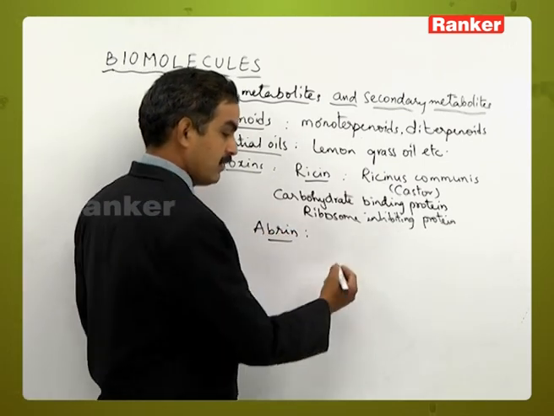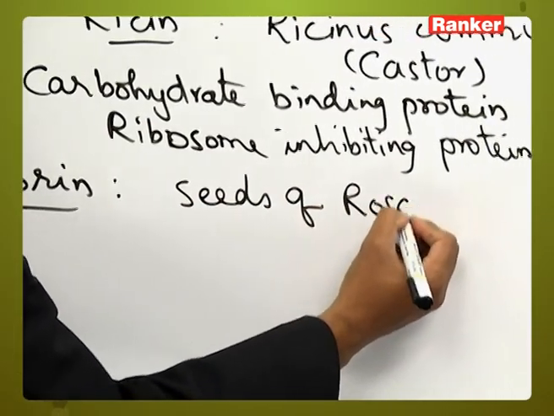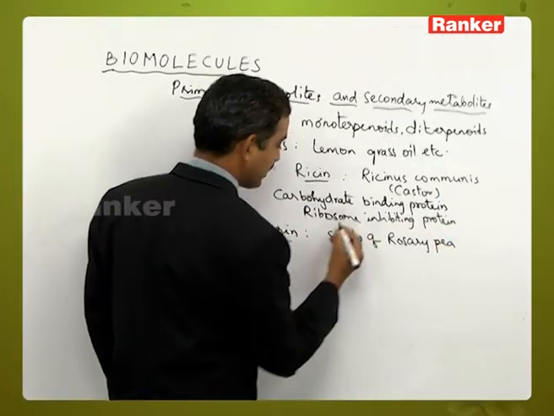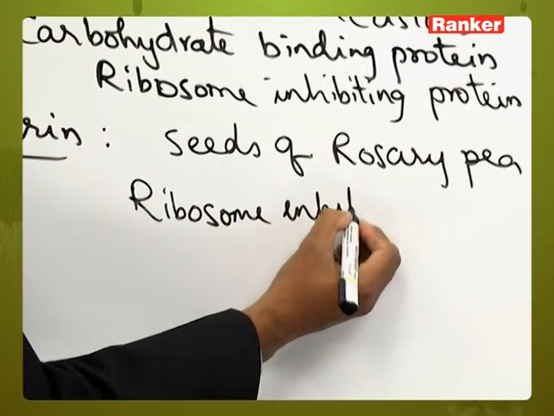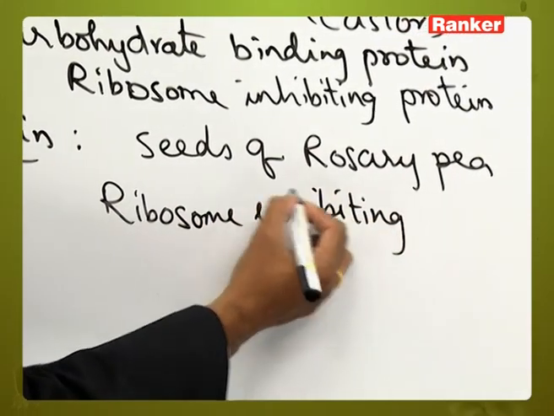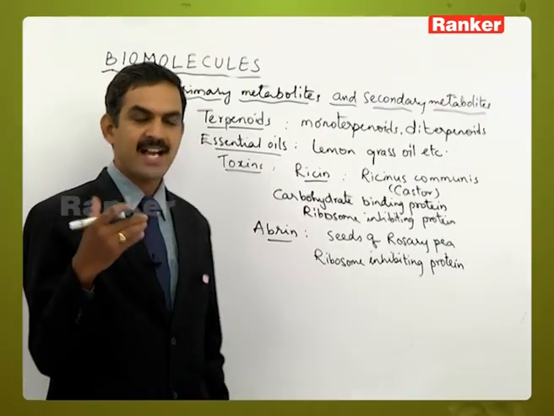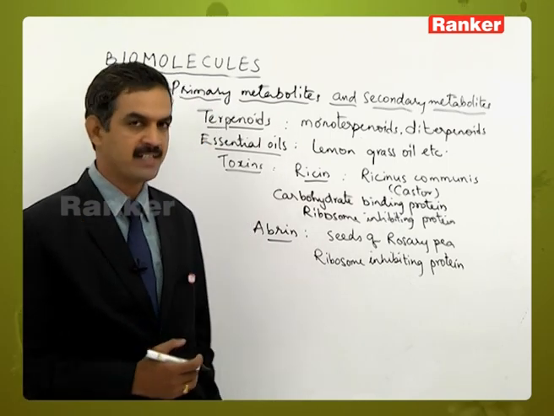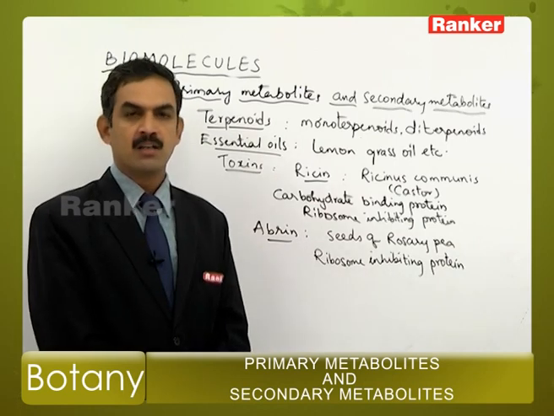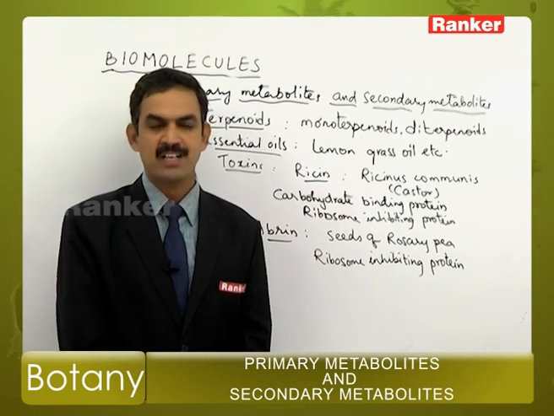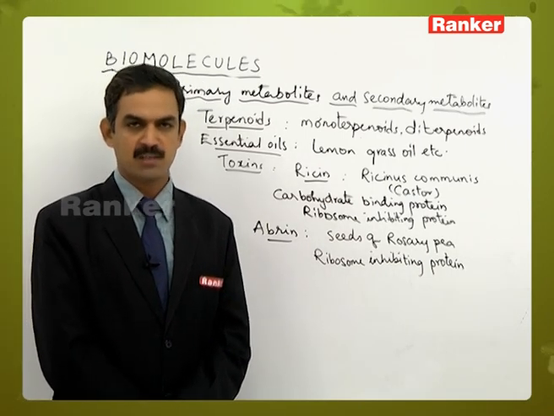Abrin is extracted from the seeds of the rosary pea plant. This is also a ribosome inhibiting protein, that is, protein synthesis by the ribosomes will be inhibited by this protein molecule. So ricin and abrin are toxic, causing some inhibitory activity in animals. That's the reason why these are considered toxic materials.